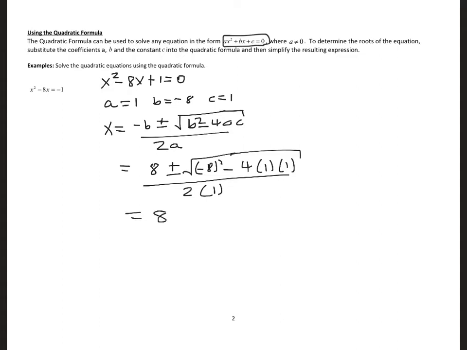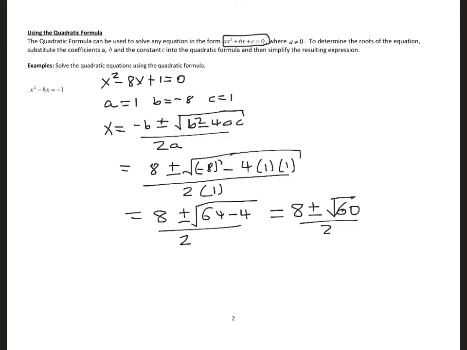So what do I get? 8 plus or minus the square root of 64 minus 4. So 64 minus 4, and we're dividing this by 2. And here we get 8 plus or minus the square root of 60 divided by 2, and the square root of 60 is the same as the square root of 15 times 4.